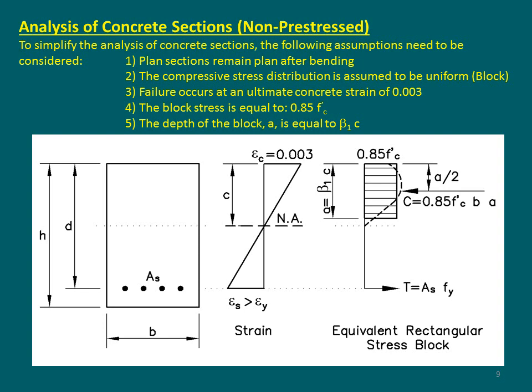The tensile reinforcing, we assume that's going to be yielding. Therefore, the tension in the steel is going to be equal to A sub s multiplied by f sub y. Also, this is going to be equal to the compression of the concrete. Compression of the concrete is 0.85 multiplied by f prime c multiplied by b times a, which is the compression block depth.